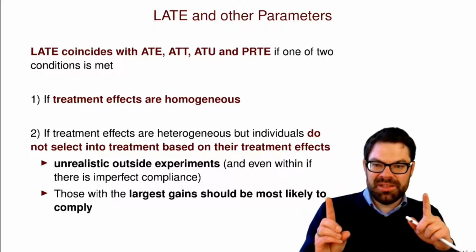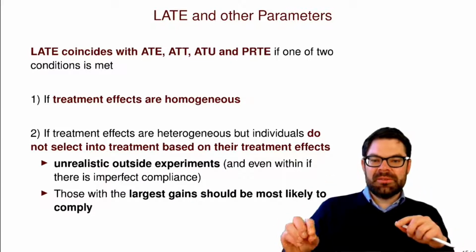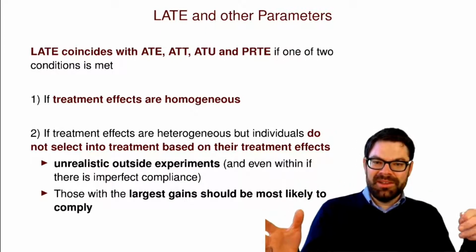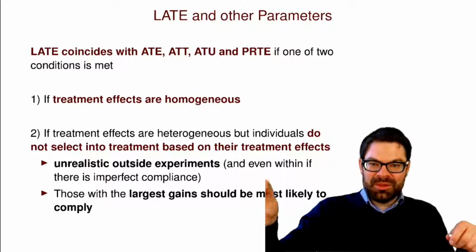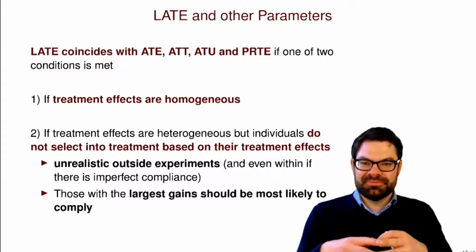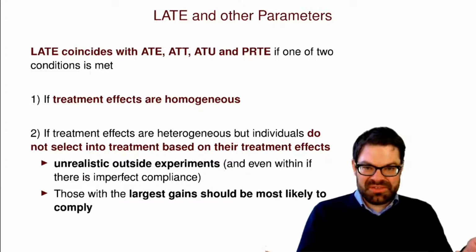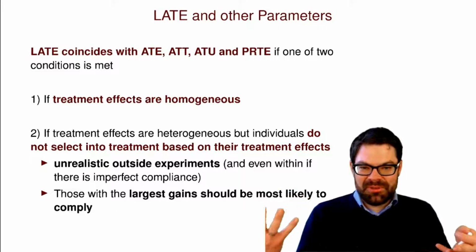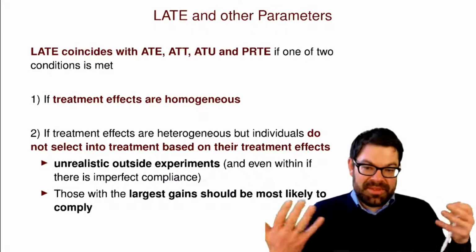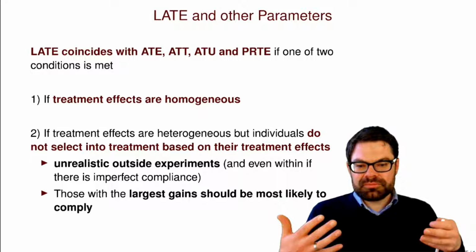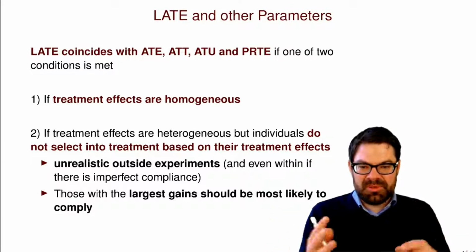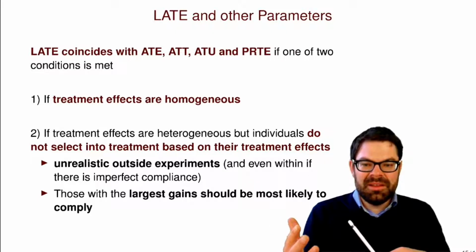Another thing that's important here is that obviously if the treatment effects are homogeneous in the population, if they're the same for everyone, then trivially those 5 parameters coincide. However, that is not a good assumption. Typically, treatment effects vary a lot in the population. And if that's the case, we have obviously these parameters are not the same. Right?